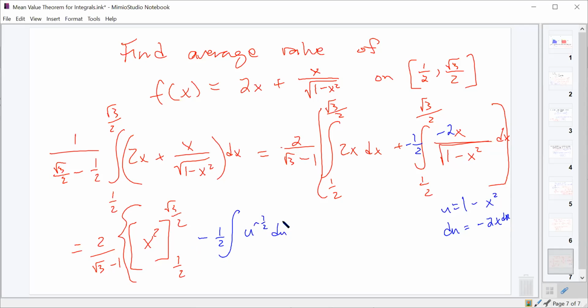And instead of integrating from 1/2, we'll integrate from 1 minus a half squared, which will be 3/4. And then root 3 over 2 becomes 3/4 when you square it, and 1 minus 3/4 is 1/4. Good or no?